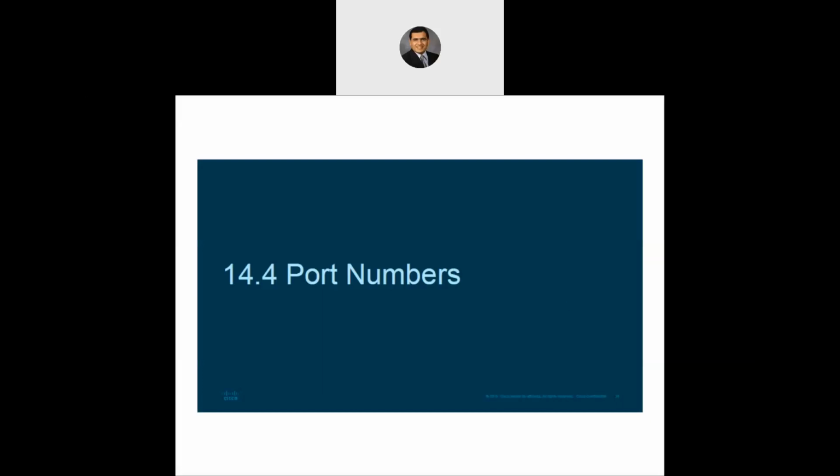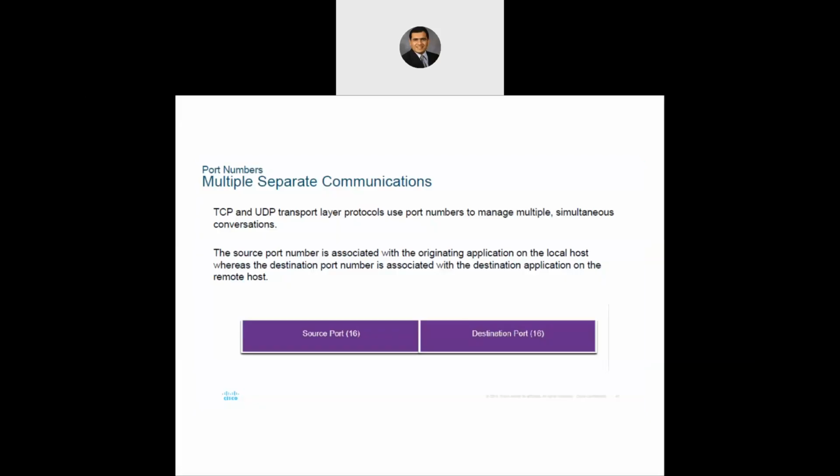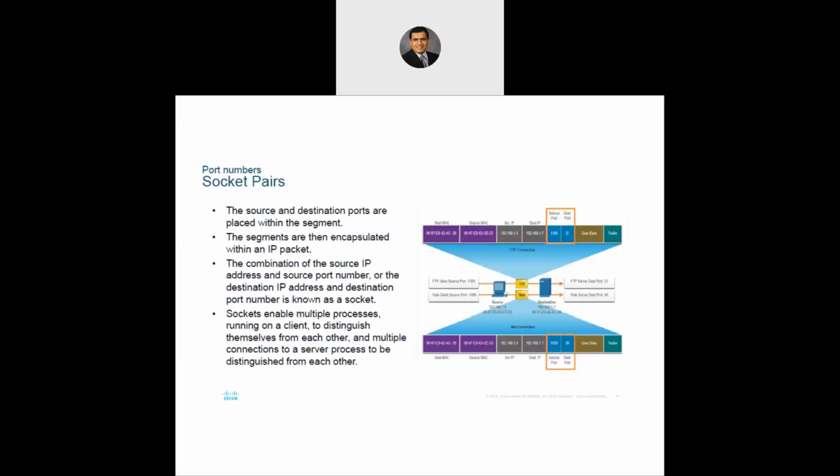Now, another aspect of the transport layer is port numbers. Port numbers are very important because both TCP and UDP use port numbers to manage multiple simultaneous applications. The source and destination ports are placed within a segment. For example, you have a source port and a source IP address.